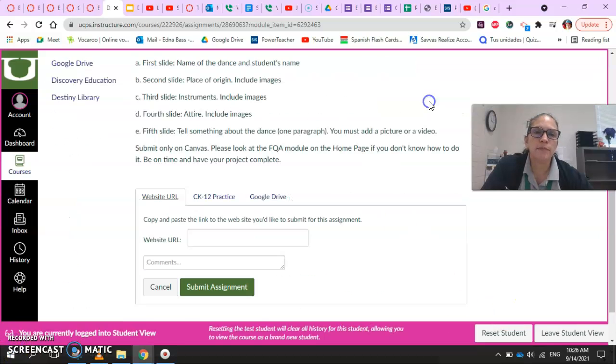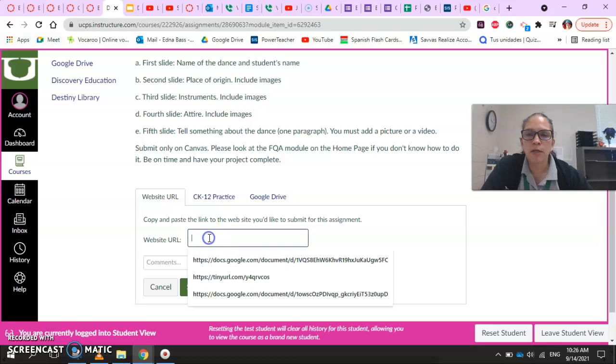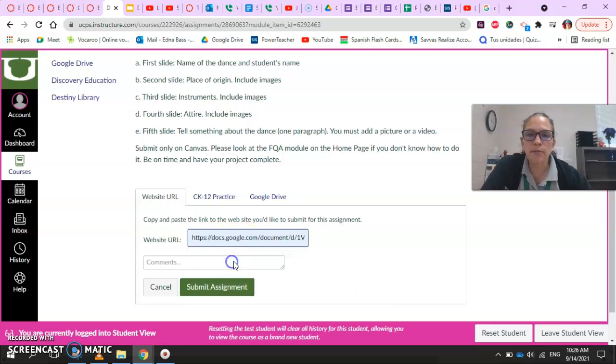Click start assignment, paste your URL right here, and then click submit assignment. Remember, it is not enough that you share the document. Do not forget to change the share settings so I can see it. And do not forget to check your grade on Canvas and any comment that I may have put. If you got a 0, it's probably because I cannot see it. So it's good that you check your comments.